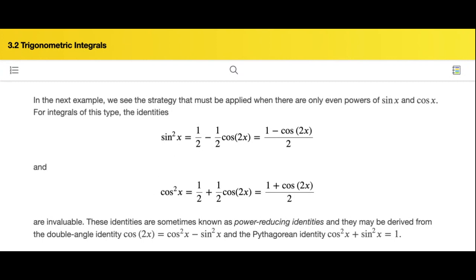Does that make sense? For cosine squared x, you see that's 1 plus cosine 2x over 2. Basically, it's a half plus half cosine 2x. You see the original angle being doubled. Now think about cosine squared 3x. So the angle is 3x now, right?